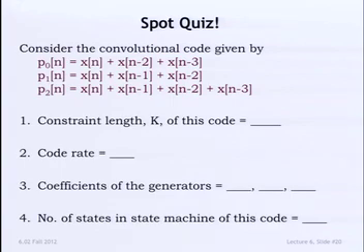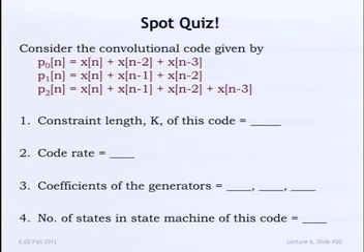Because you've got x[n], x[n-1], x[n-2], x[n-3]. That's the largest window over which you're picking things. What about the code rate? 1 over 3, right? Because for every message bit, you're generating 3 parity bits. You're going to ship out those 3 parity bits before you do the shifting in the shift register. So the code rate is 1 over 3. The coefficients of the generators, of course, you can read up there.